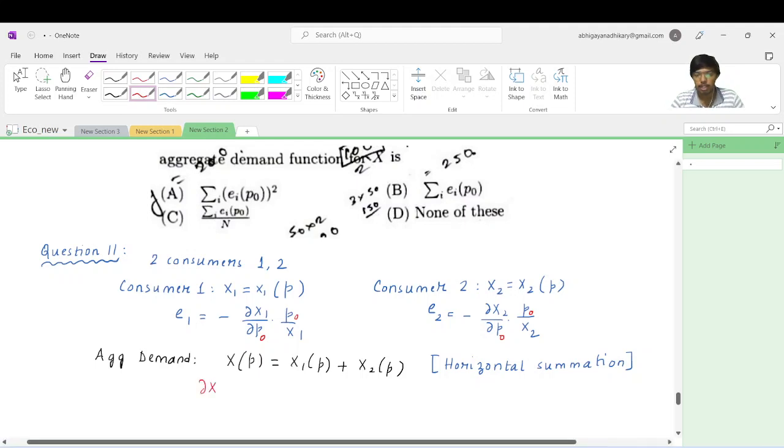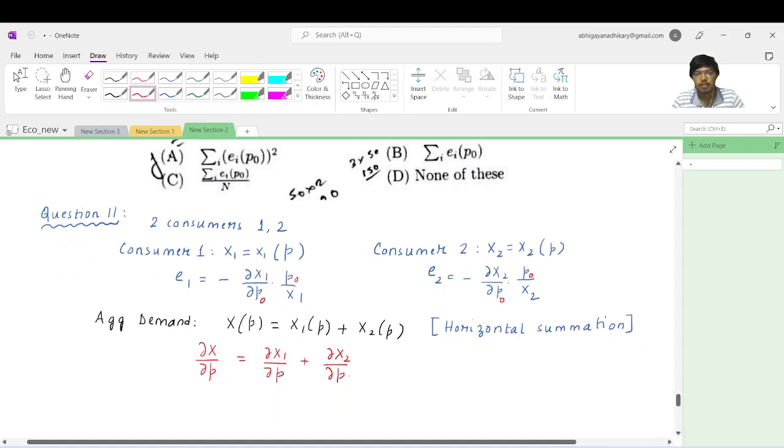If we write del x by del p, that will be equal to del x1 by del p plus del x2 by del p, right? In order to express it in elasticity form, we will multiply by p and divide by x.